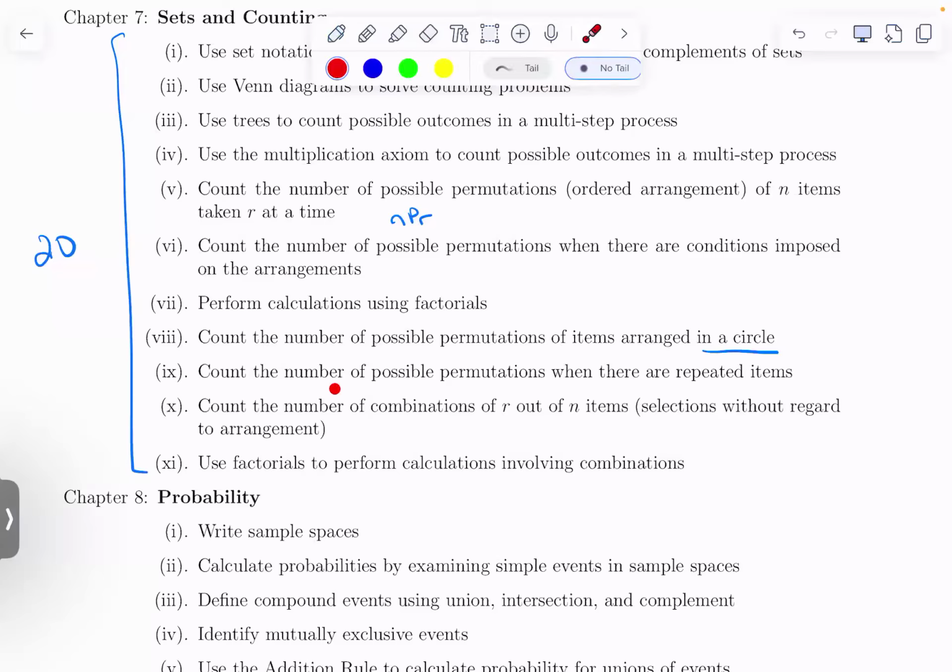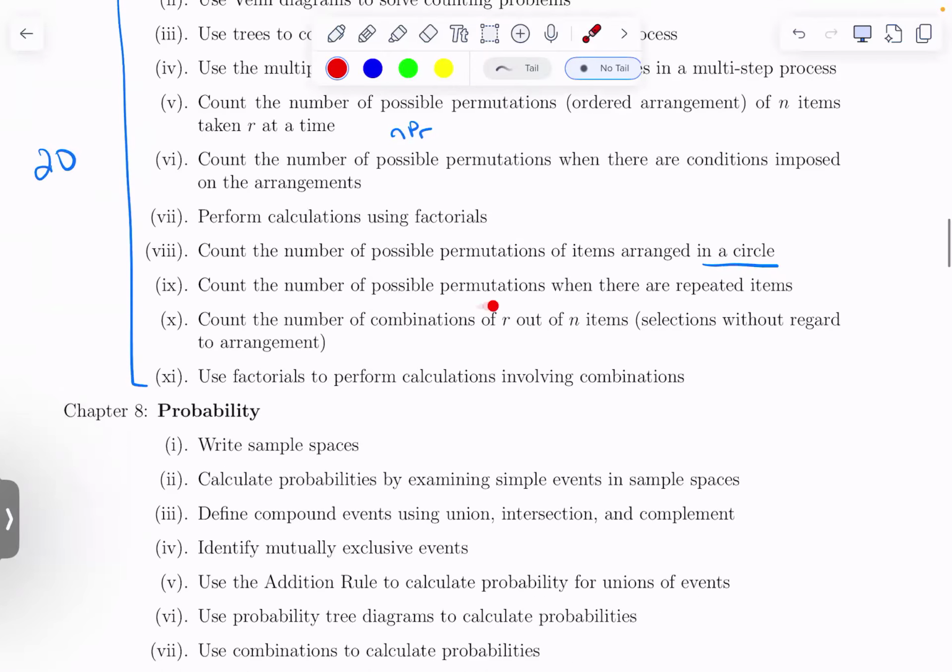And count the number of possible permutations when there are repeated items, right? And so we saw that, I can't remember what the word was. Did I use mathematics, I think, on the test? Yeah. Right, and so mathematics, there's 2 A's, there's 2 M's, right? So then you have repeated items, and so how many possible permutations are there? Count the number of combinations of R out of N items, so that's NCR.